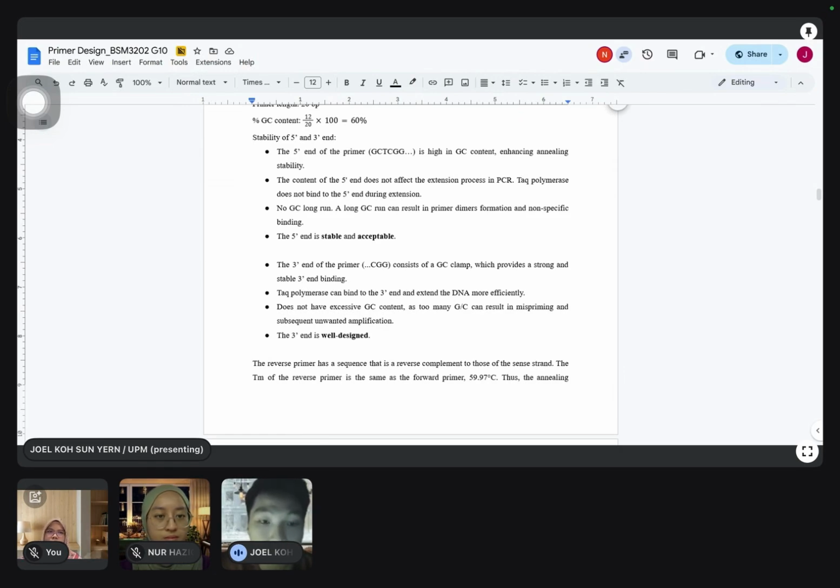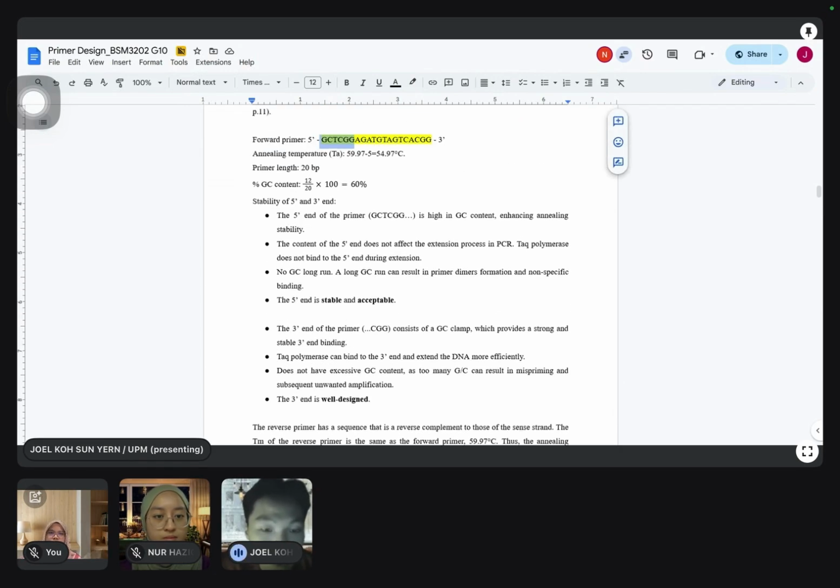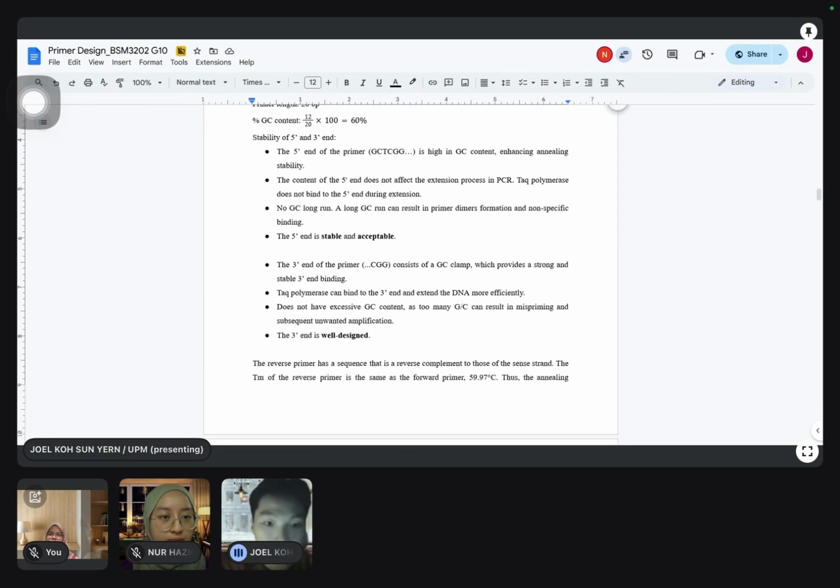Another factor that we look into is the GC long run. We have to make sure that the 5' end doesn't have a GC long run, and not only the 5' end but also the 3' end. We don't want the GC long run to occur at both ends.